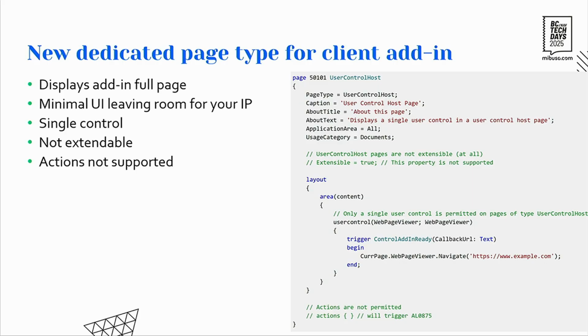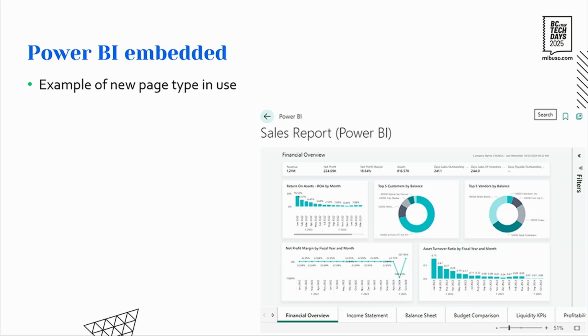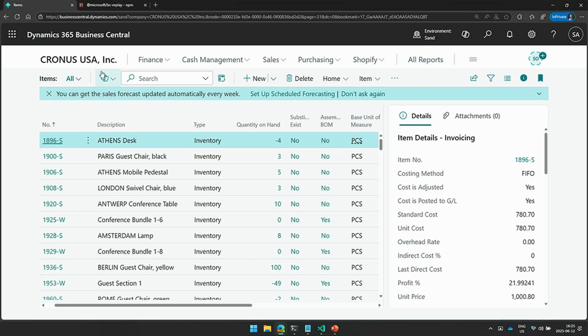Yes. So the first use of this was embedded Power BI reports. All of this experience is built on the new user control host page type, and I'm going to show you how that looks.